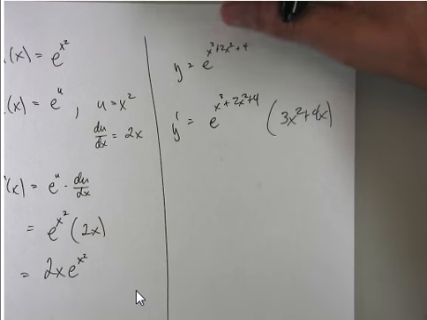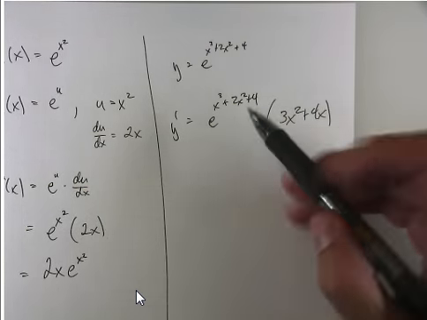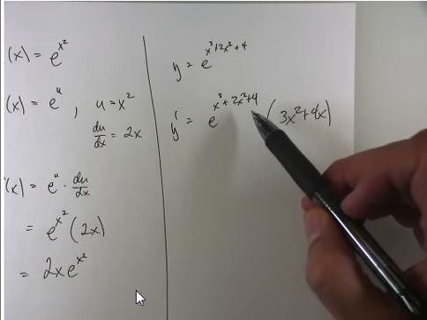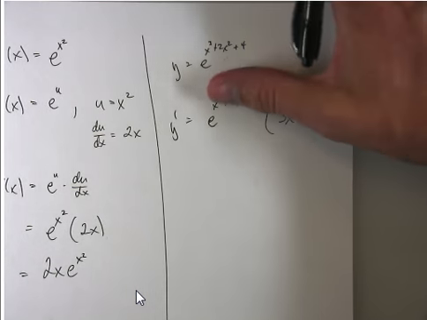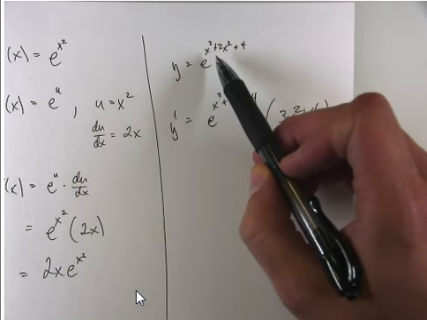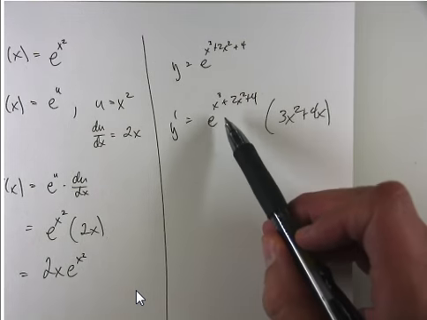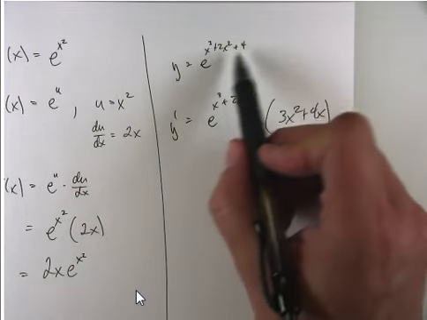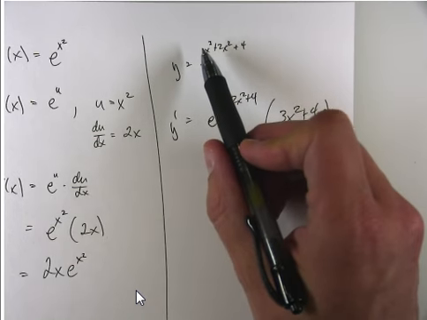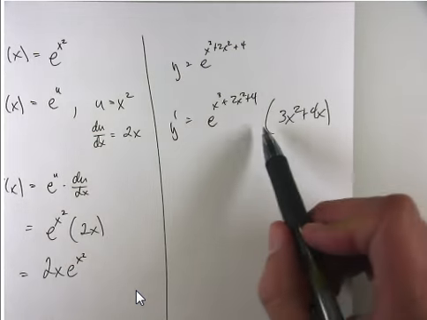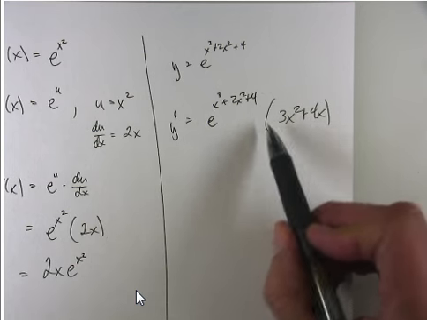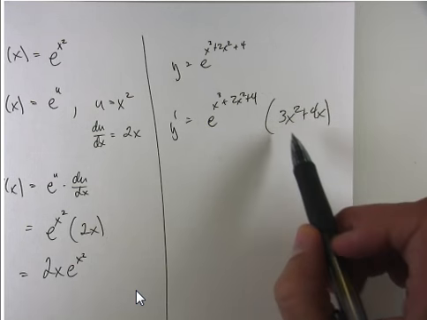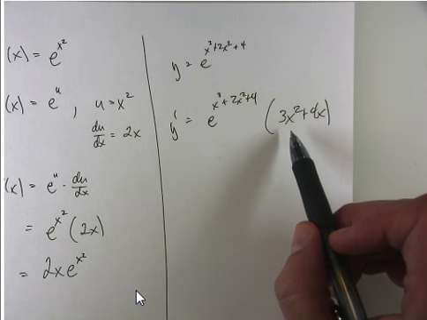The derivative of e to the something is e to the something. This is e to the x, the derivative is e to the x. The derivative of e to the x cubed plus 2x squared plus 4 is e to the x cubed plus 2x squared plus 4. But this was a big complicated inside function. So in order to adjust for that complication, I have to multiply by the derivative of that inside function, which in this case is 3x squared plus 4x.